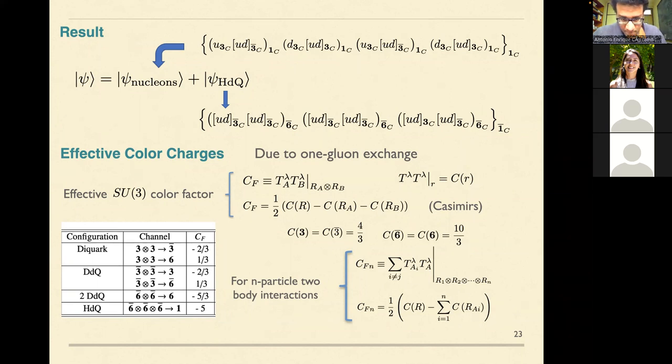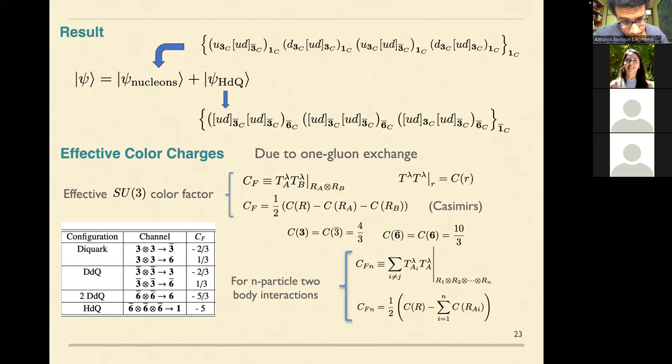And it's very easy to calculate then the different color charges for these different configurations I presented before. And in the table on the left, you can see the results. For example, 3 + 3-bar is attractive, 3 + 3 is, etc.